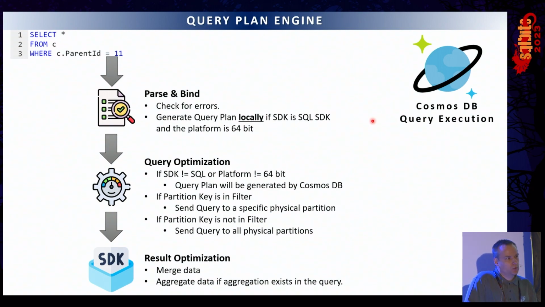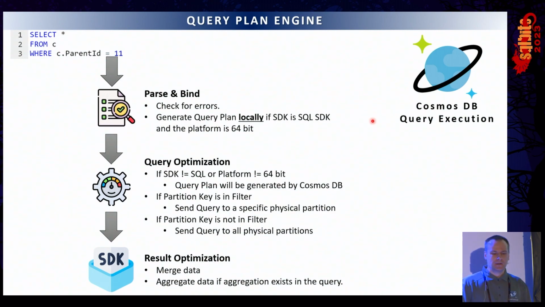If it's in 32-bit or any CPU, when you are developing the application, you might not have the required DLL file, which is, I believe, the service interop.dll file. If you don't have that, that means you have to request Cosmos DB to generate the query plan. From here, Cosmos DB is going to look at whether the partition key is in your where clause.